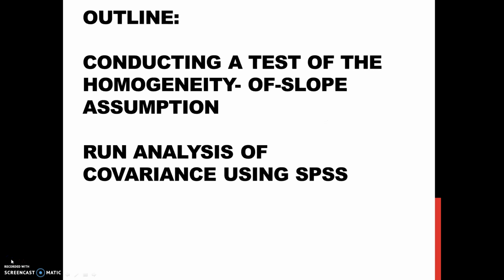Let's take a look at our outline. Our test for homogeneity of slopes: I'll initially demonstrate how to test the hypothesis of the homogeneity of slopes, which is an assumption of the analysis of covariance.